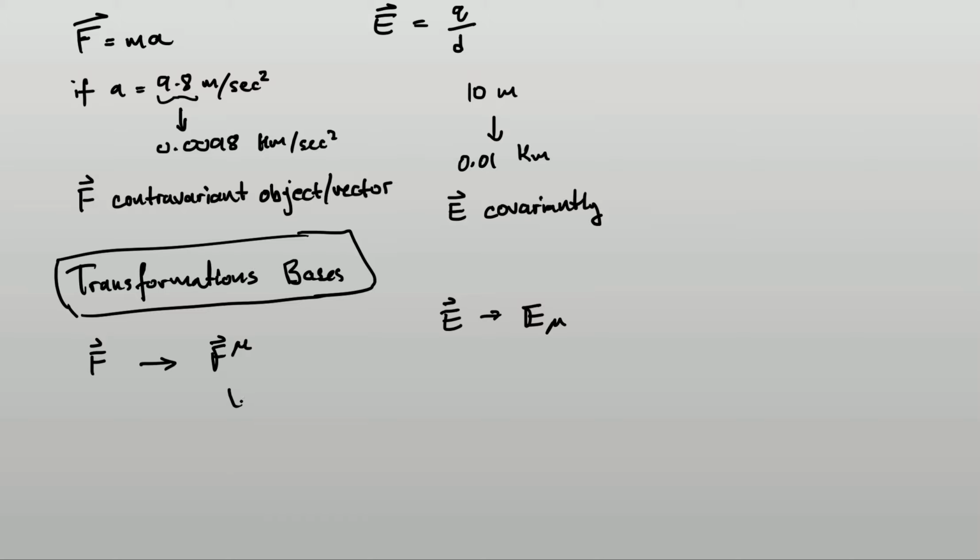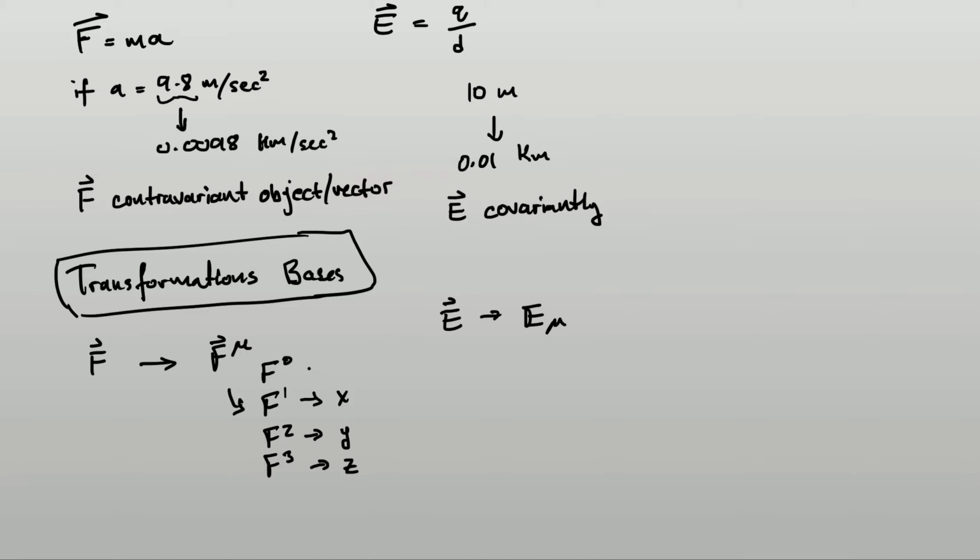This is translated into F1, F2, actually I'll put F0 here as well, F3, where each one of these components refers to the orthonormal direction, or the orthogonal direction, in some plane. So this is the component of f along the x-axis. This F2 is a component of f along the y-axis, and F3 is a component of f along the z-axis.